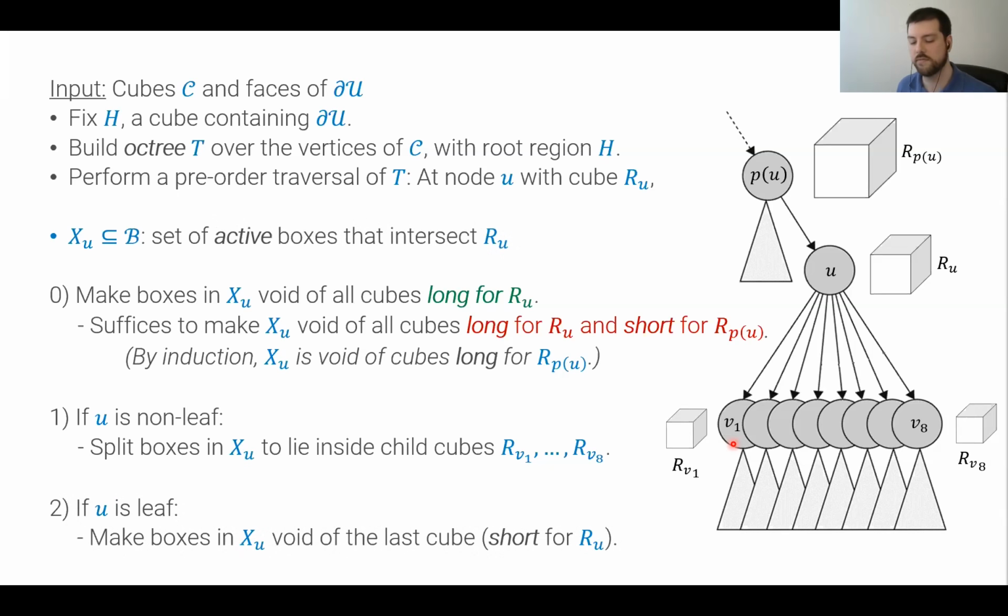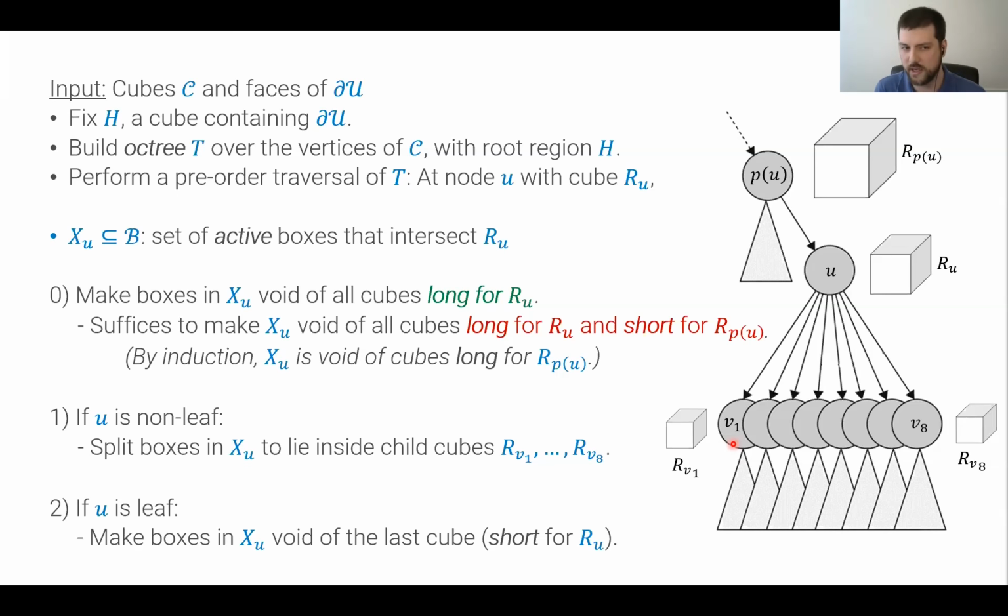And lastly, if we have a leaf node, by induction, and after doing step 0 at that leaf, it's going to be void of all cubes save for one short cube, because at a leaf node of the octree, there's only one vertex in the interior of that cube. So any cube that intersects RU at that point is either long or short, and everything is already void of everything long above.